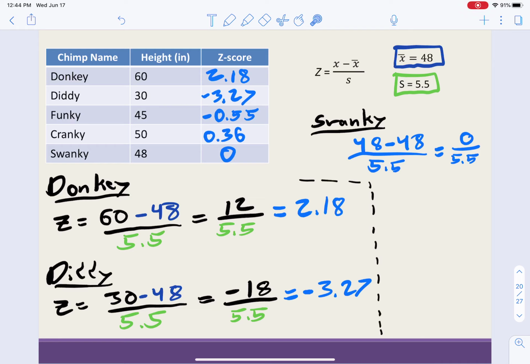Diddy here is the opposite, negative 3.27 standard deviations below the mean. Funky here is negative 0.55 standard deviations from the mean. Cranky, same deal, 0.36 above the mean. And Swanky is the mean, 0 standard deviations away from the mean.